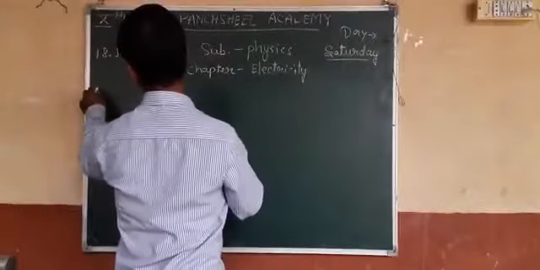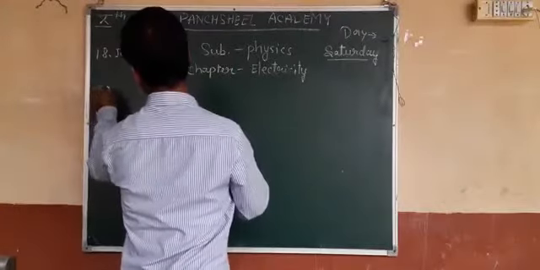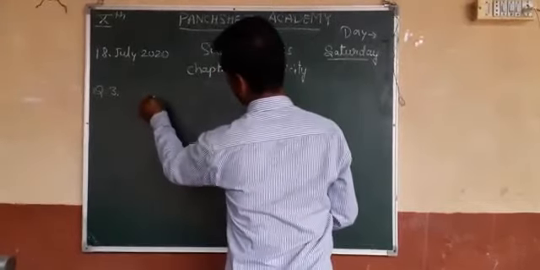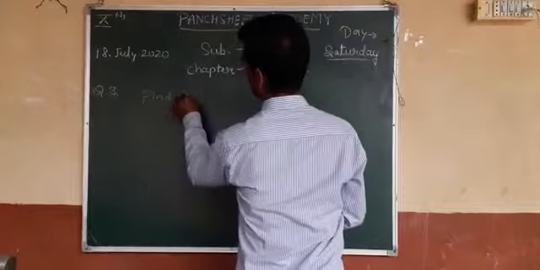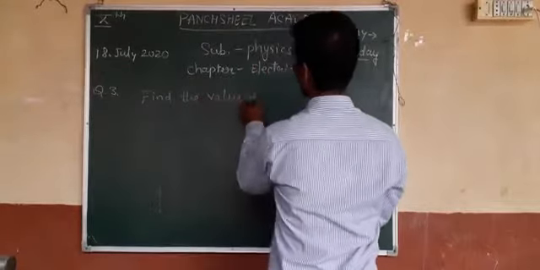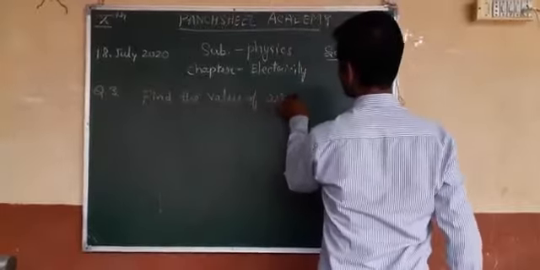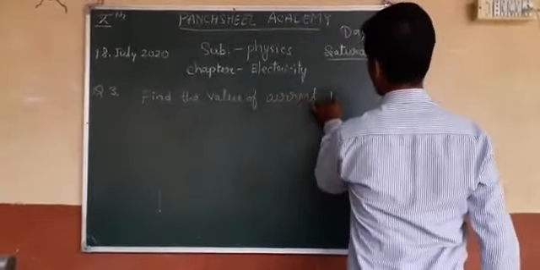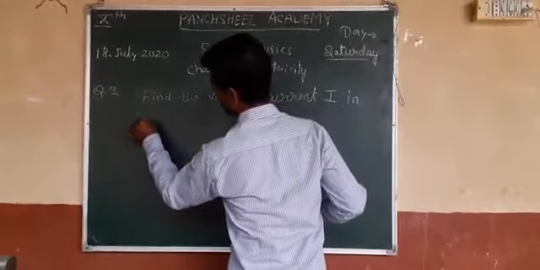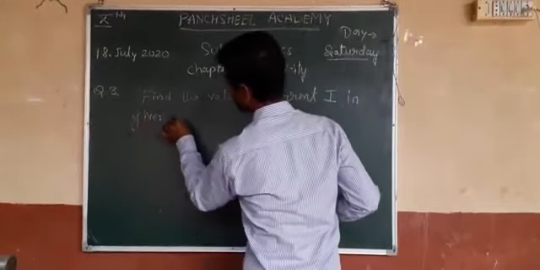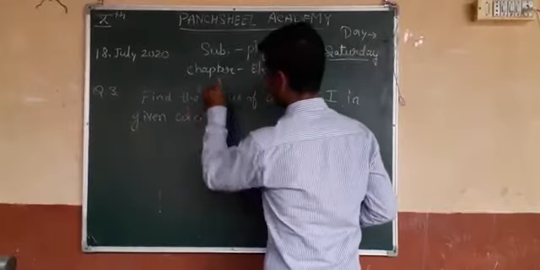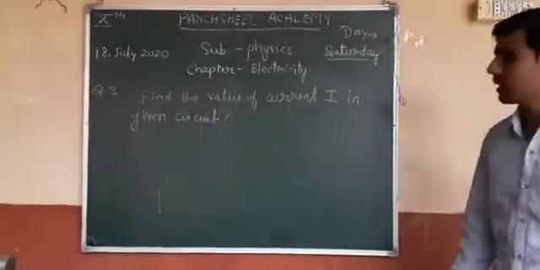Question number 3. Find the value of current I in the given circuit.